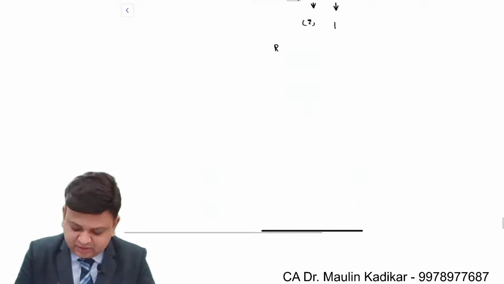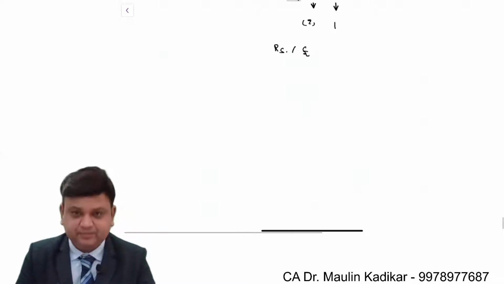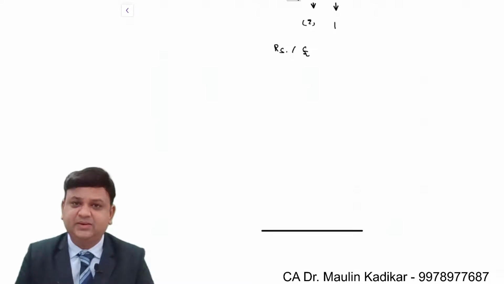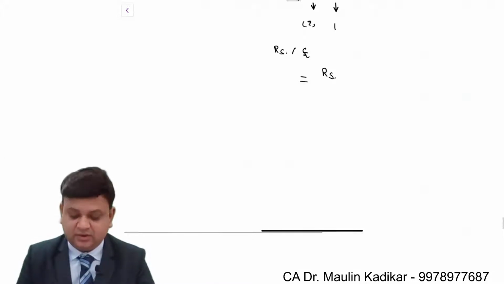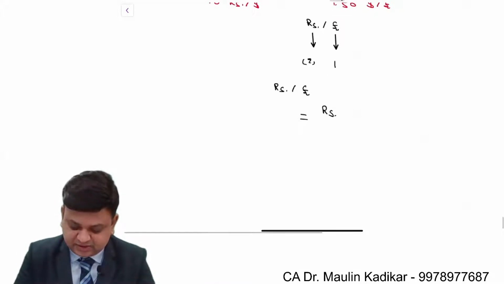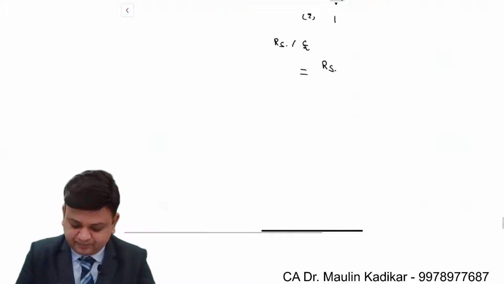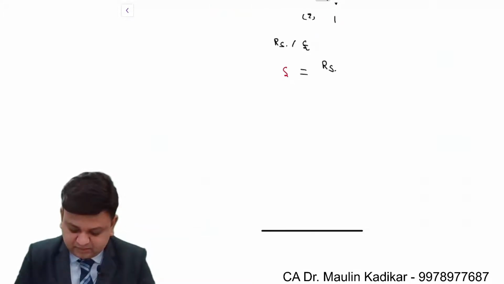See, we have to calculate rupees per pound. So we form a small equation. The equation is such that the final answer will be in rupee terms, because we require the answer in rupee terms. The answer is required per pound.